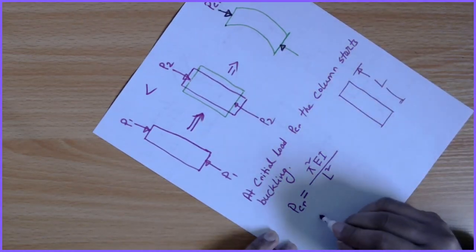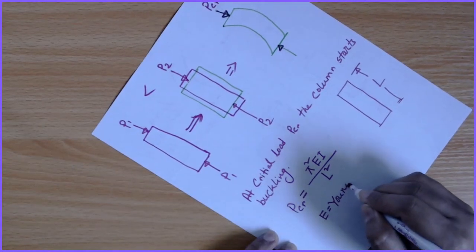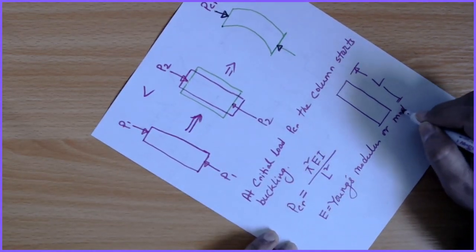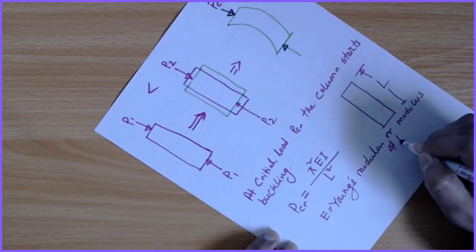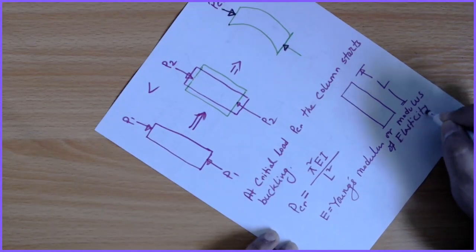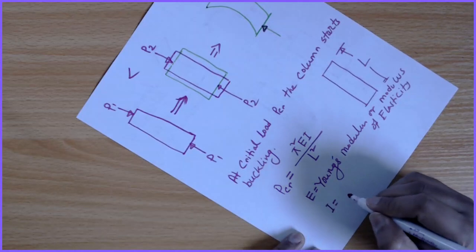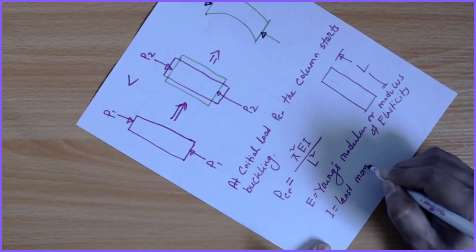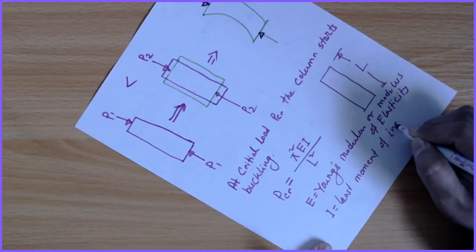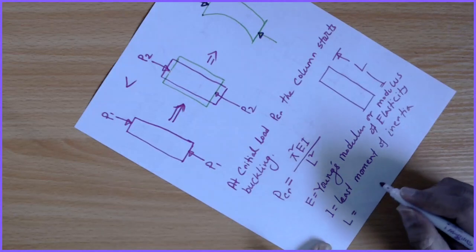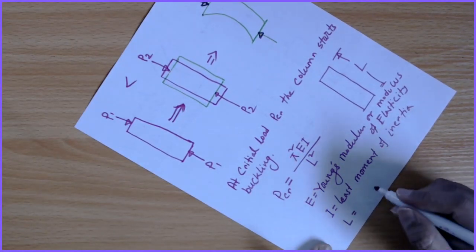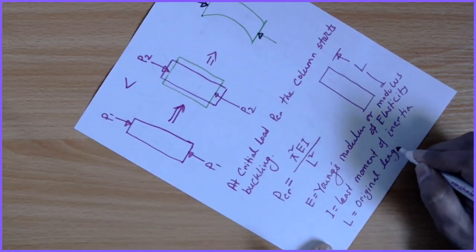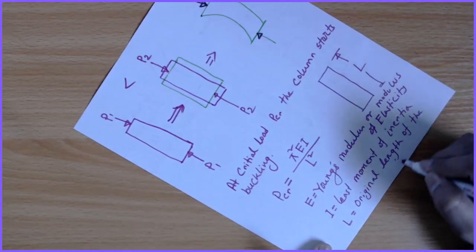Here, as you know, E is Young's modulus, or modulus of elasticity, I is the least moment of inertia, and L is the original length of the column.